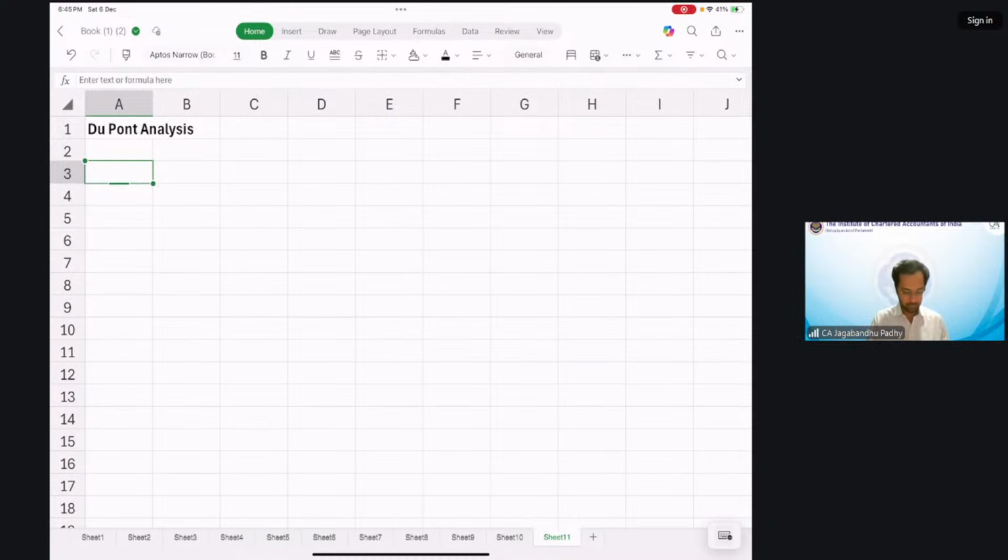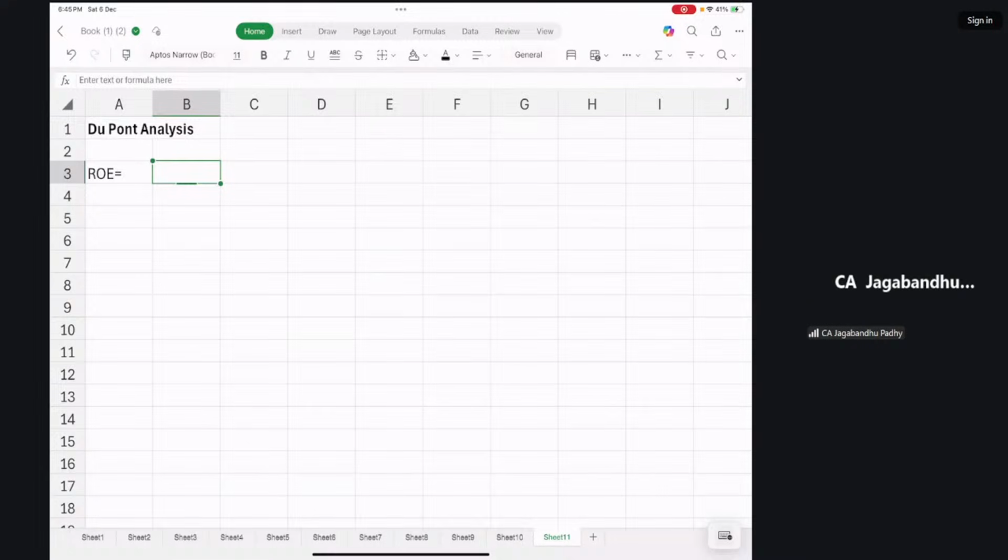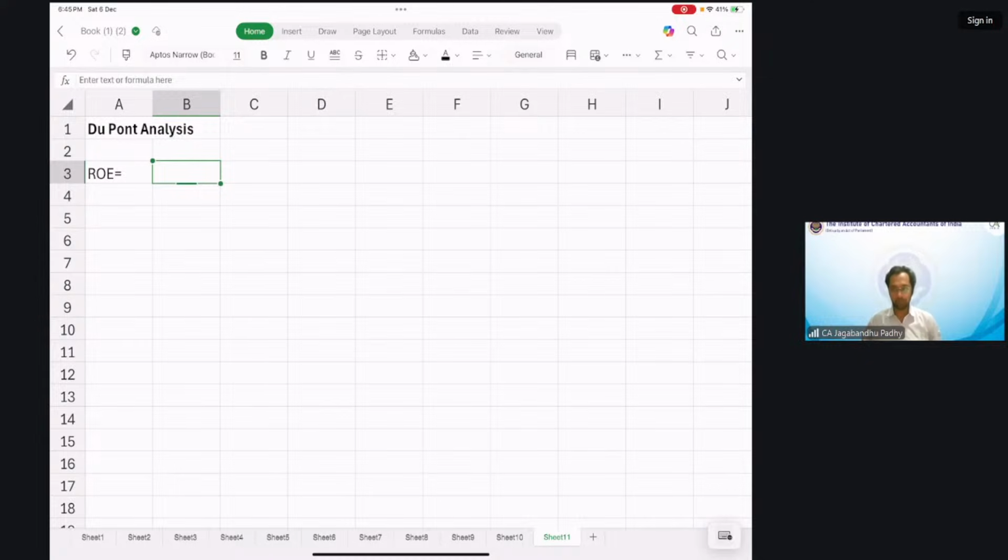So let us say return on equity. What was the formula for return on equity, guys? What is the formula for return on equity?